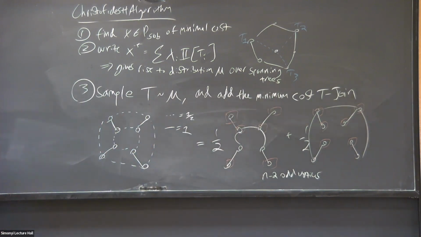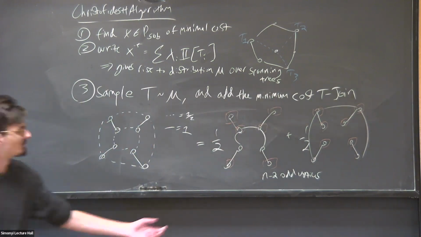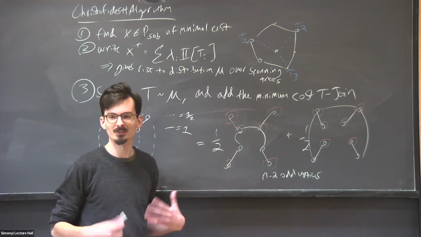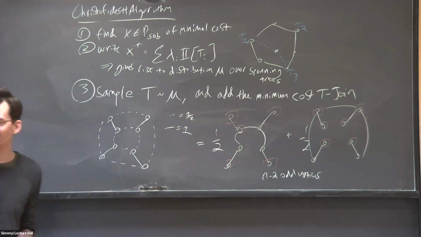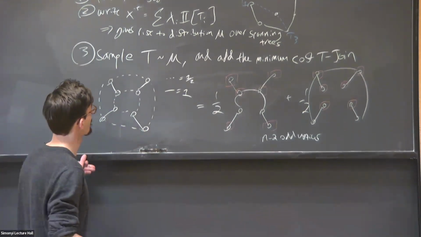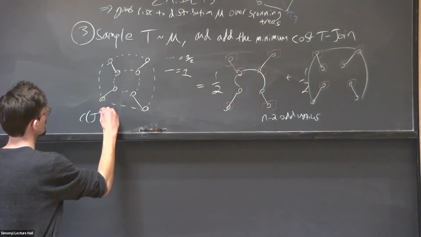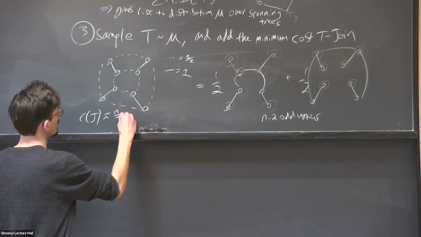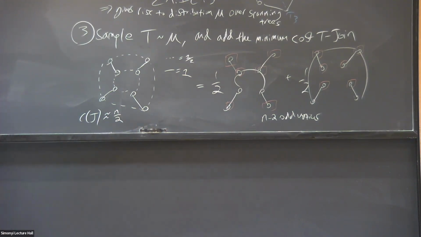But now the T-join is going to have to add at least n over 2 minus 1 edges to the graph, because every odd vertex should get at least one edge. So the cost of the T-join is essentially equal to n over 2. So the cost of the algorithm is now going to be 3/2 n.